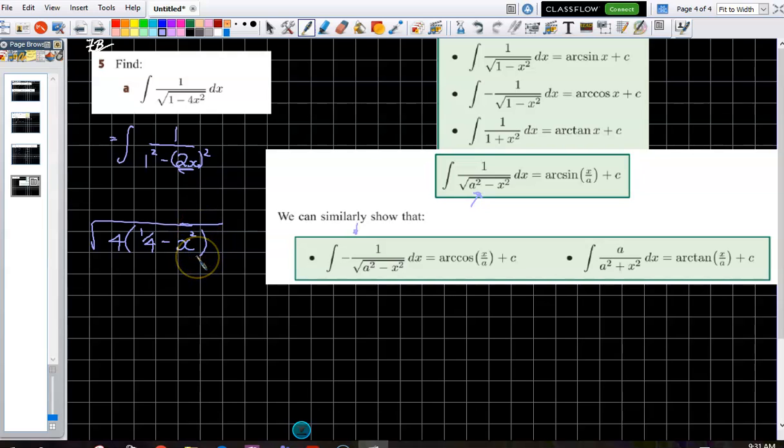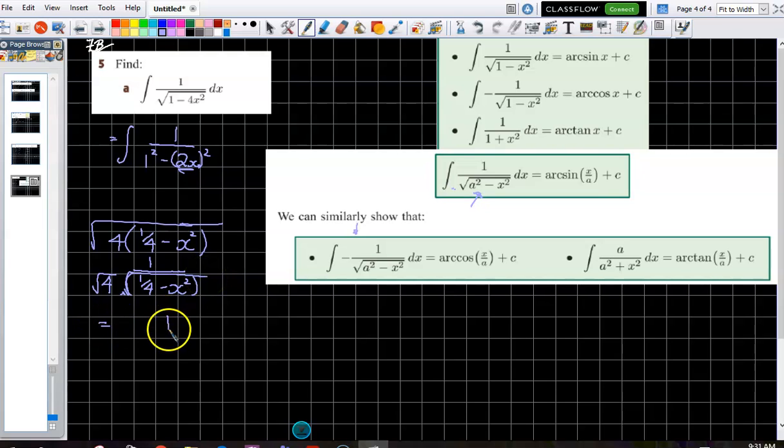Now this will be able to fit the pattern because I can separate, pull out that square root of 4 out the front. Now, look at that, my 1 is back. I've got 1 quarter minus x squared. Oops, I should have put a square root there. Looking a little bit better, would you agree?